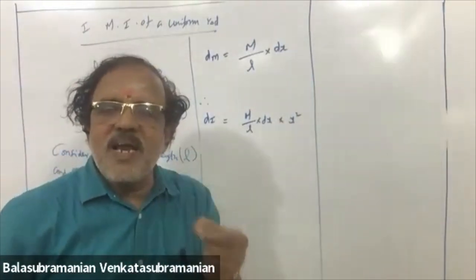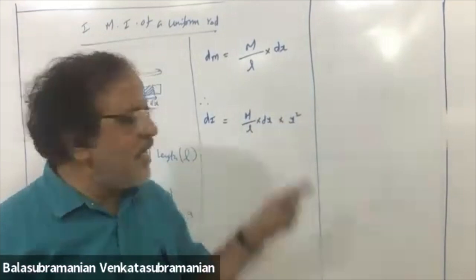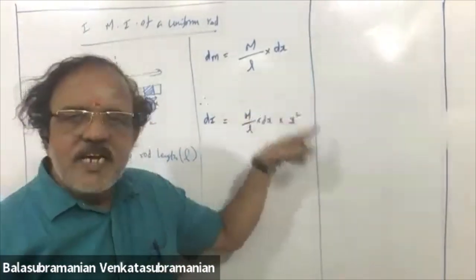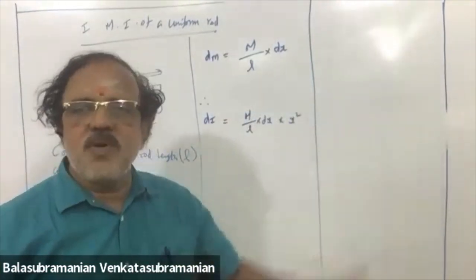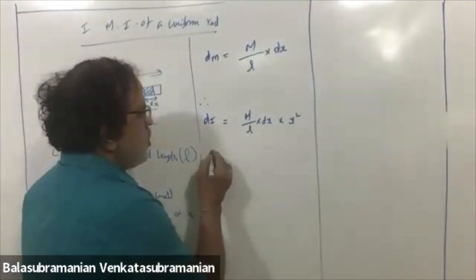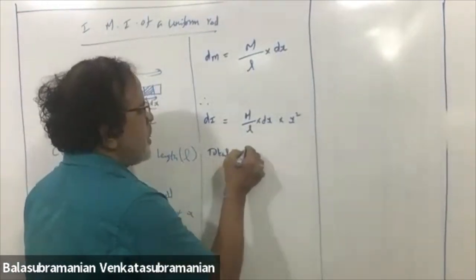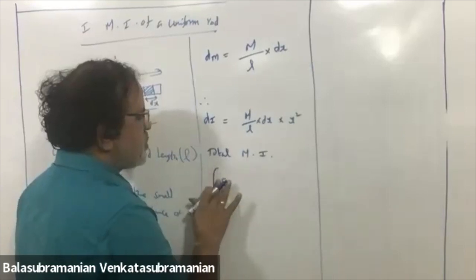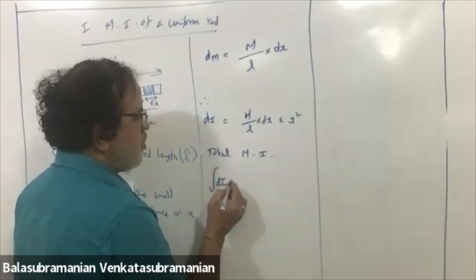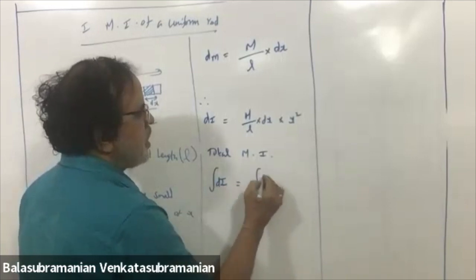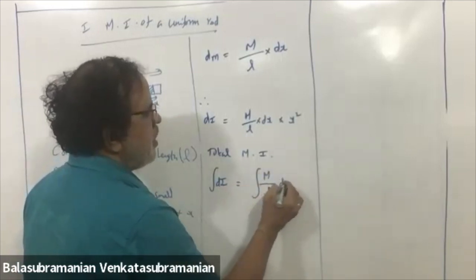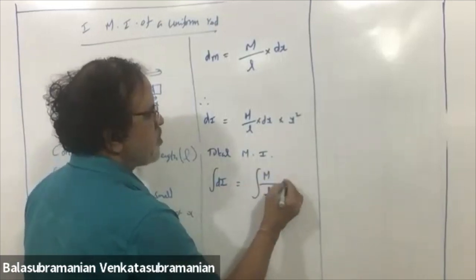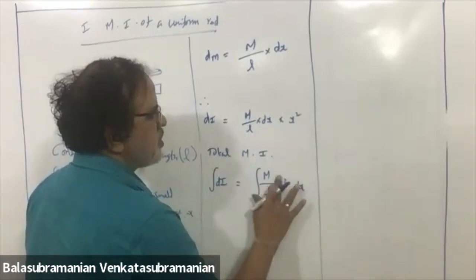So M by L into dx is the mass, into x square, the distance square. Total moment of inertia, we have to integrate. Integral dI is equal to integral M by L into x square dx.